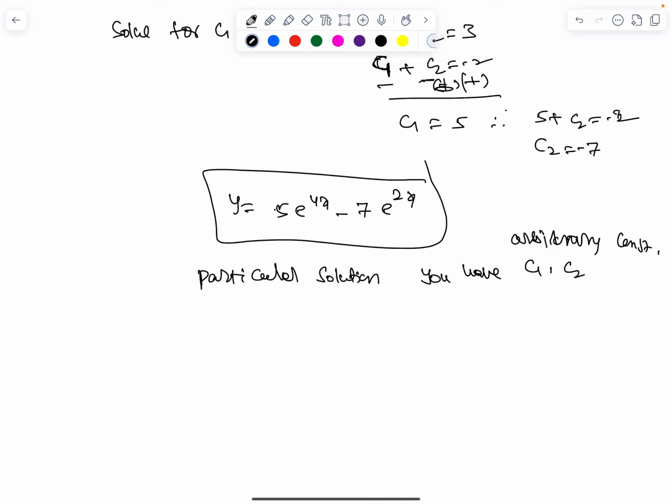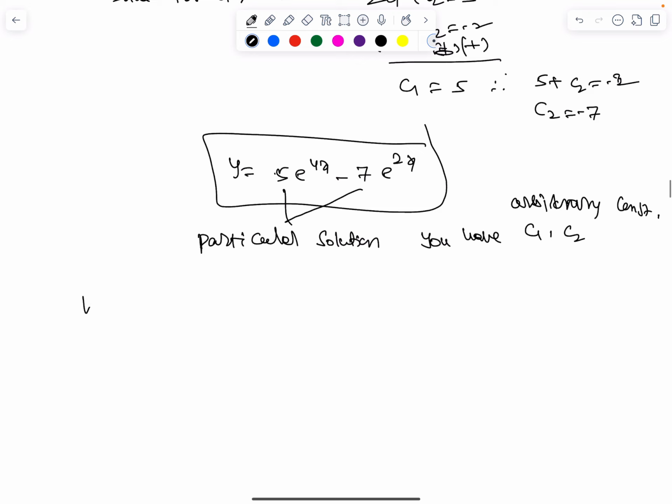Among all those, you are fixing C1 as this and C2 as this, which is called the particular solution. This is possible whenever initial conditions or boundary conditions are available for a specific problem. Suppose you have boundary conditions, the problem is the same, you have to solve the equation with the same procedure.